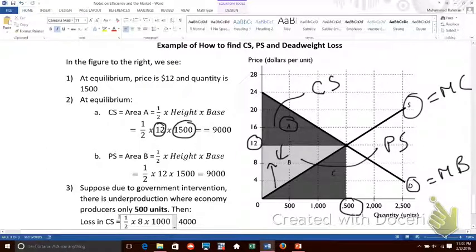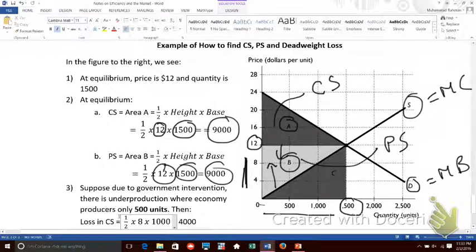If you plug in the numbers, you will see that the consumer surplus is 9000. Producer surplus is the area of the lower triangle where the base is 1500, as you can see, and the height is 12 minus 0, which is 12. When you plug in the numbers, you find that the producer surplus is also 9000.